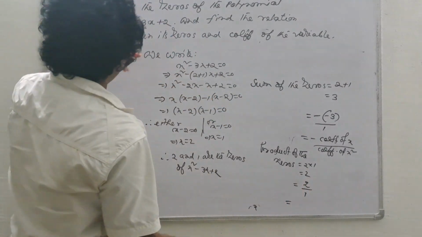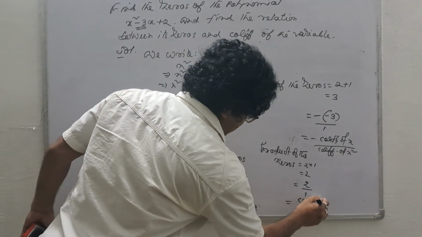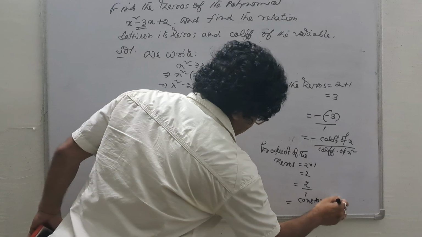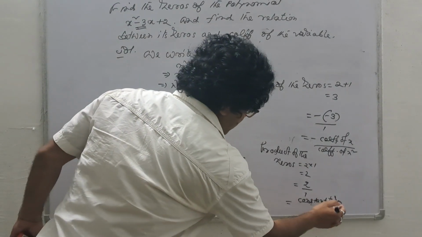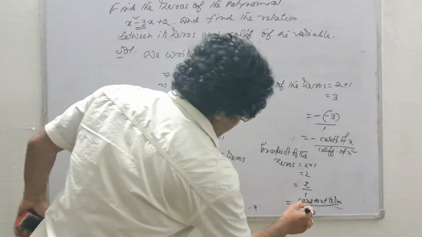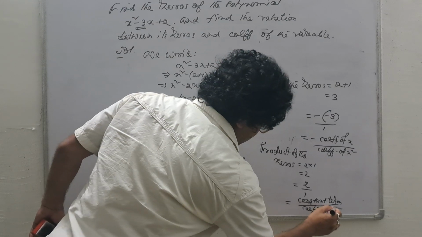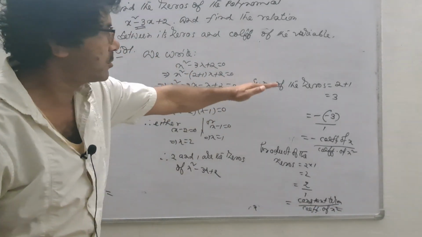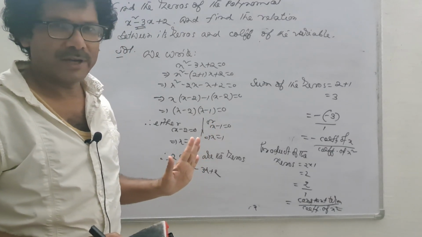And 2 is the constant term, and 1 is the coefficient of x squared. So this is the relation between zeros and the coefficients of the variable.